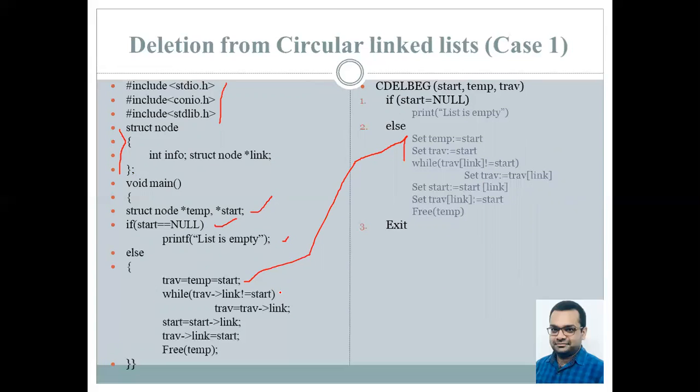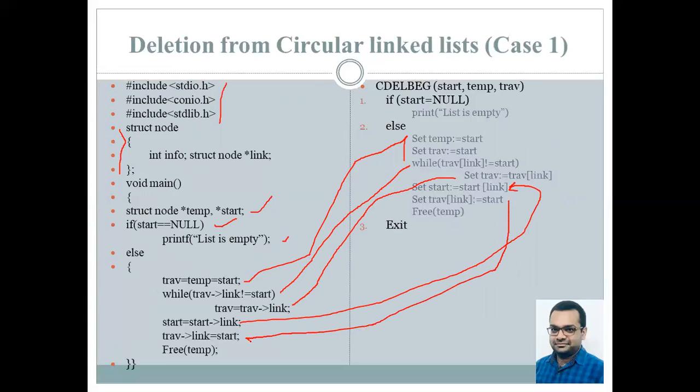We check if traversal link is not equal to start in the while loop, and we keep on incrementing the traversal till we reach the last node. Upon reaching that, we set start equal to start link, that is the address of the second node, and we set traversal link equal to start, that is, the last node is now assigned the address of the second node, which now becomes the first node, and then we free the memory allocated to the temp.